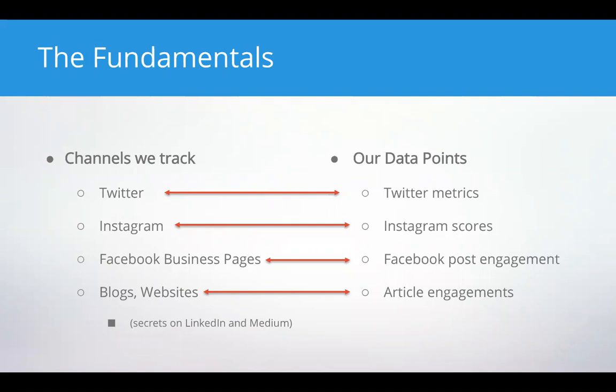So classic, one of the best ways to determine whether a Facebook page has a good level of influencer engagement with its audience is to see if when it posts something, it generates a high level of engagement, likes, comments, shares, etc. And then lastly, obviously, article engagements. One of the fundamental cores of BuzzSumo is helping you determine what content drives the most engagement over various periods of time.